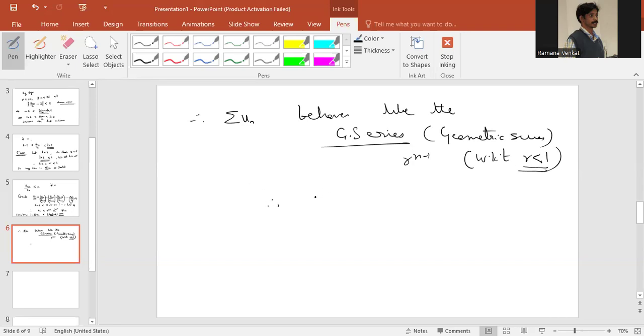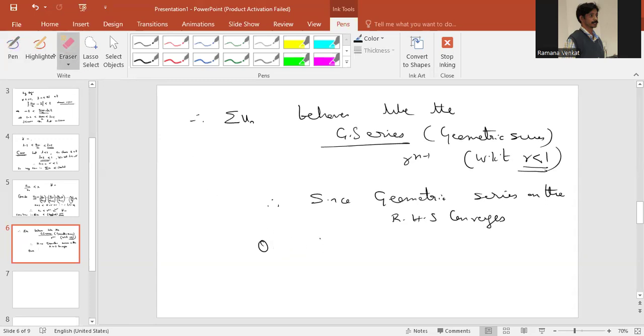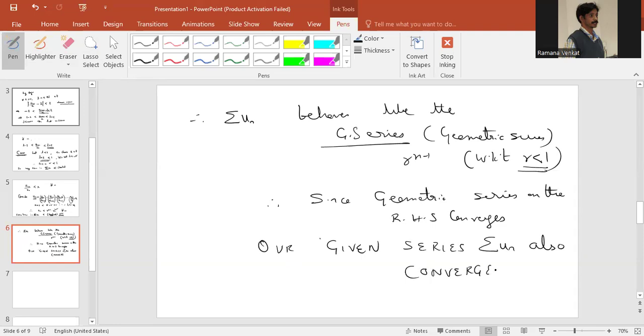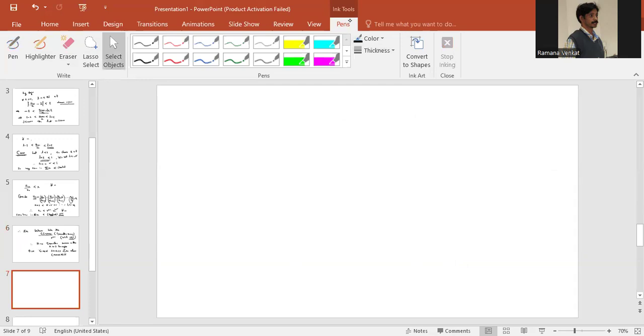Therefore, since the geometric series on the right converges, our given series also converges. That's the argument for case 1. Let's look at the argument for case 2.